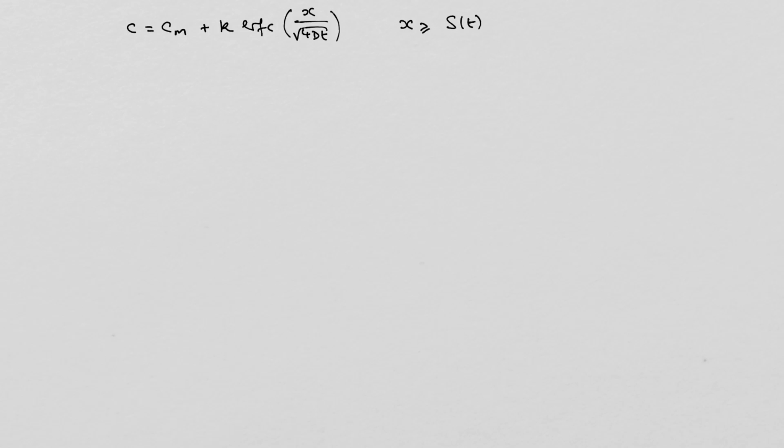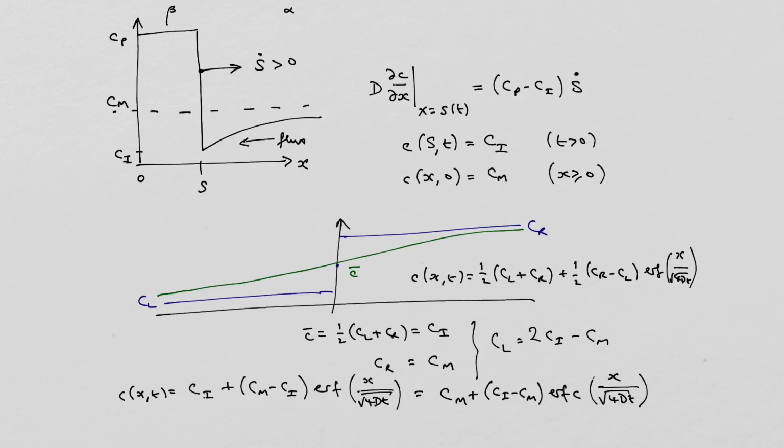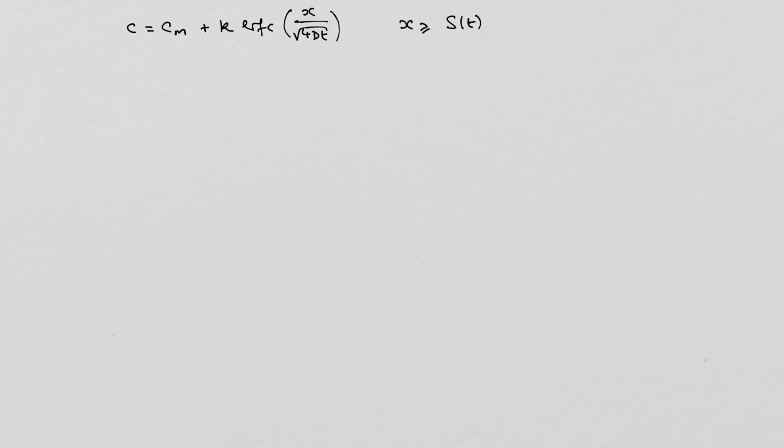Now this does two things for us. If we look back at our original conditions, it solves the diffusion equation, we know that, and secondly, it satisfies the condition that at t equals 0, it's C_m everywhere. So it does get those two things right for us, but there's a couple of things it needs to do as well.